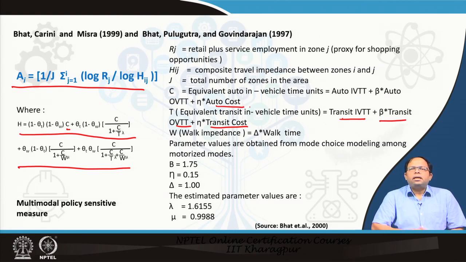We will discuss this in detail when we do the mode choice module, and there we will learn that when we choose a mode, travel time is one of the most important parameters which influences mode choice.